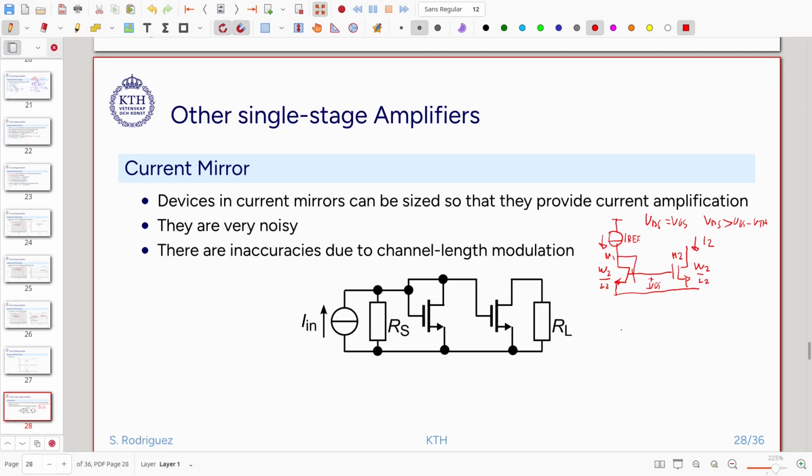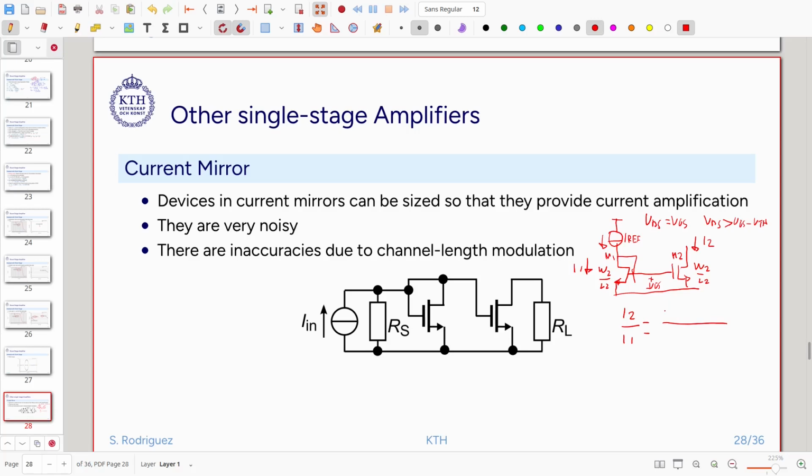Then we have I2 divided by I1, and let's call this current I1 also equal to Iref. They are in strong inversion, but the resultant is basically the same for weak inversion also.